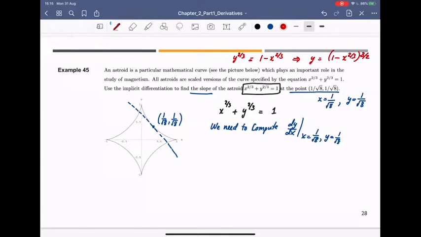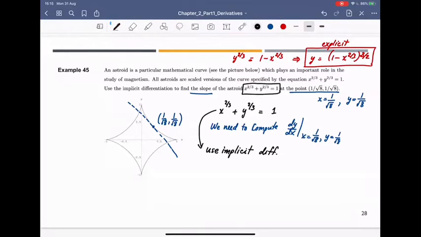You can simplify this to an explicit form and then differentiate, but it may be harder because you may get a messy expression on the right hand side. Another way to do this question is to just use implicit differentiation.